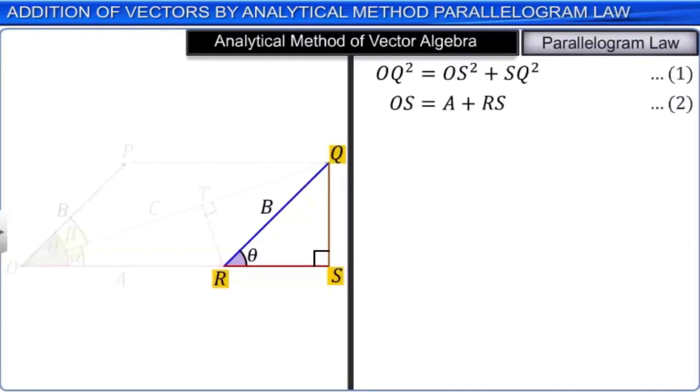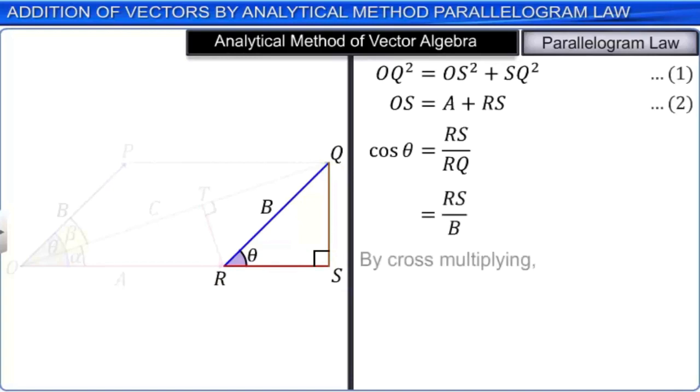I'm taking the cosine ratio, which is RS divided by RQ. Now I know the value of RQ is B. By rearranging this, I get the value of RS as B cos theta. Let me take this as equation 3.